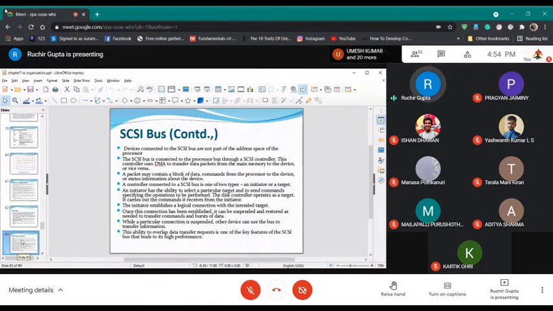Both sides will have controllers. There will be a processor side controller, and there will be a target side controller.